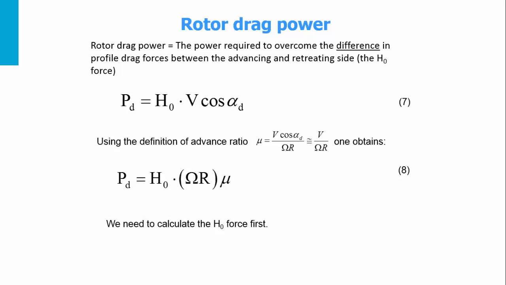Now the rotor drag power was the power coming from the H0 force. This formula can also be expressed as a function of the advance ratio, so we first have to calculate the H0 force on the rotor. How to calculate the H0 force on the rotor?